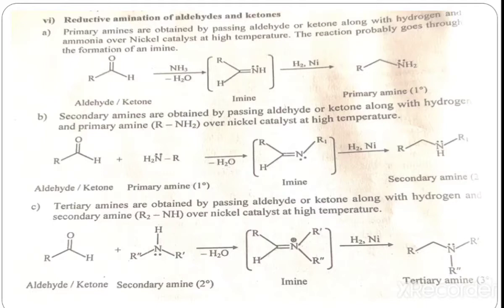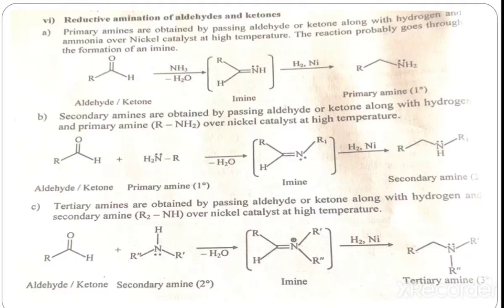If we take the aldehyde, R-C double bond O-H, and the secondary amine, R-NH-R dash, the aldehyde on treatment with the secondary amine gives the imine, again C double bond N, with R, H, R dash, and R double dash. This imine on treatment with H2 in the presence of nickel gives the tertiary amine.